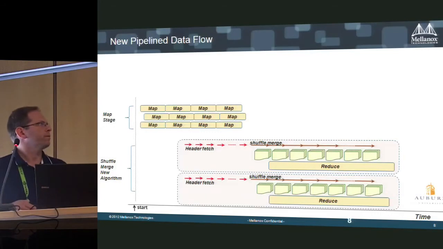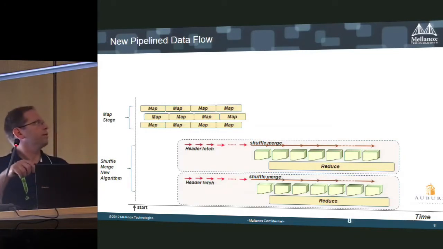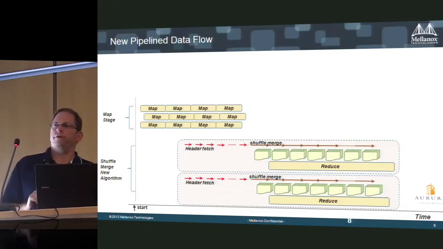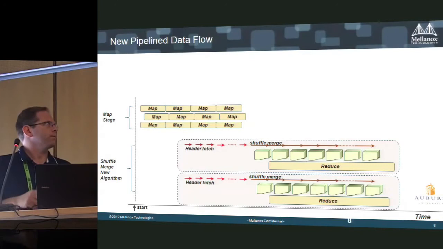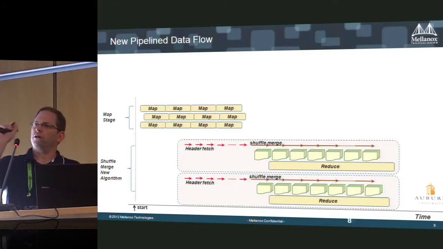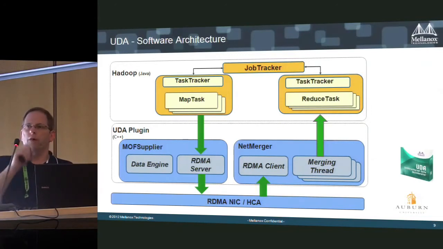If we look at the architecture of that solution, we put a small shim layer inside the map task that announces that a map output file is completed. We use the RDMA portion to take only a small portion of that map output file, usually 1 kilobyte or 2 kilobytes of information, and move it to the designated reducer.